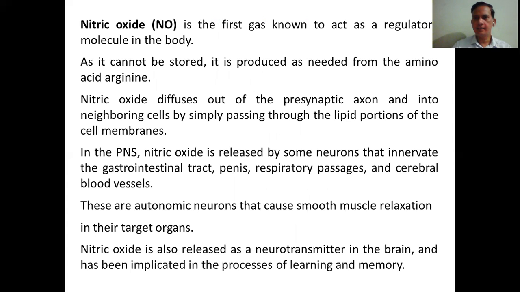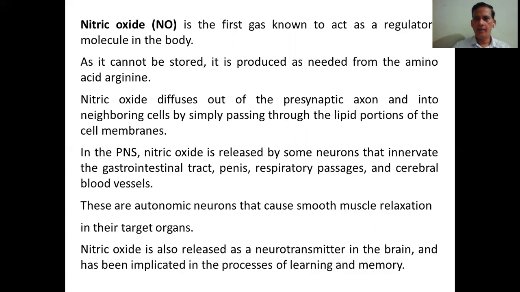Nitric oxide diffuses out of the presynaptic axon into the neighboring cells by simply passing through the lipid portion of the cell membranes. In the peripheral nervous system, nitric oxide is released by some neurons that innervate the gastrointestinal tract, penis, respiratory passage, and the cerebral blood vessel.